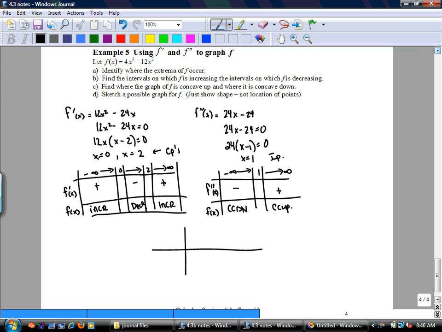So we need to climb to 0, and you have to be concave down. Increasing, concave down.